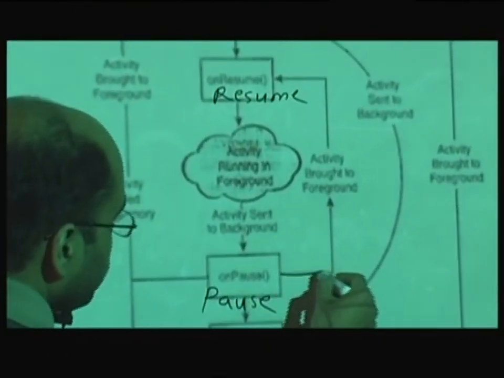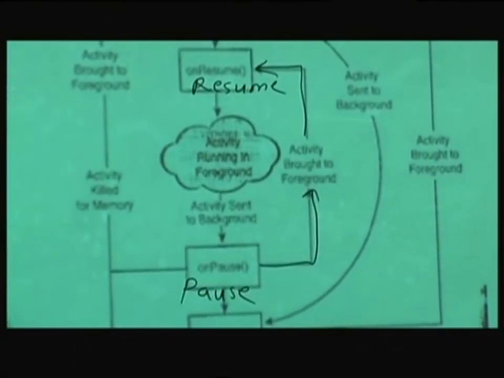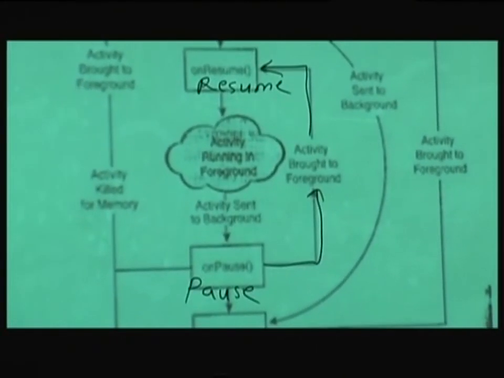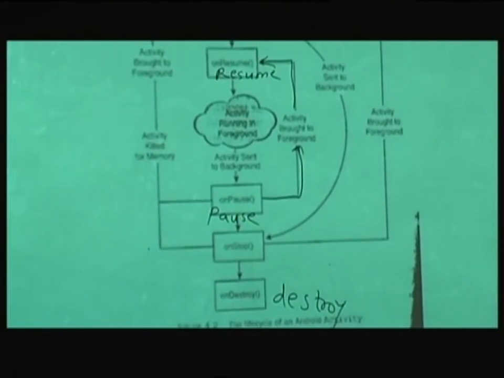After you are paused, you can go from here back to here, and then you can keep looping: pause, resume, pause, resume. There is something called destroy at the end. When you terminate the application, it is destroyed and taken out of the system.